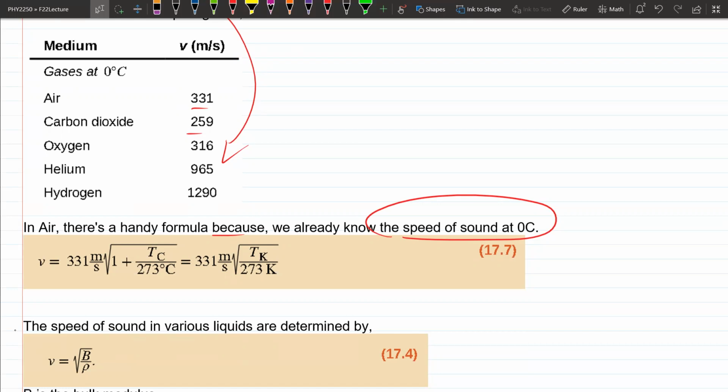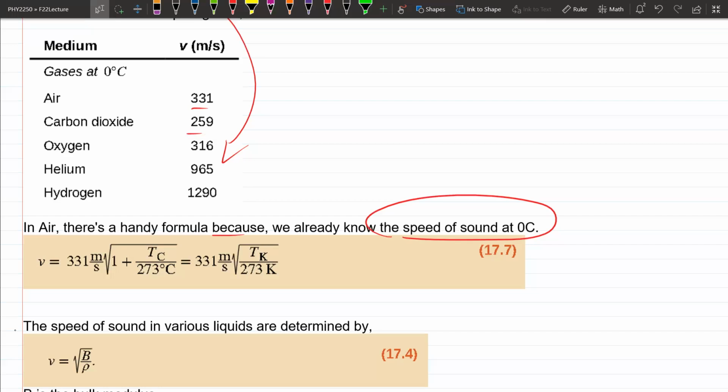If you put in 0 here, this is just the square root of 1, so you get exactly the same answer. But let's say it's 30 degrees Celsius instead of 0. You add this, and this will be a number slightly bigger than 1. You take the square root of that and multiply it, and that will give you a bigger factor. Does that make sense?